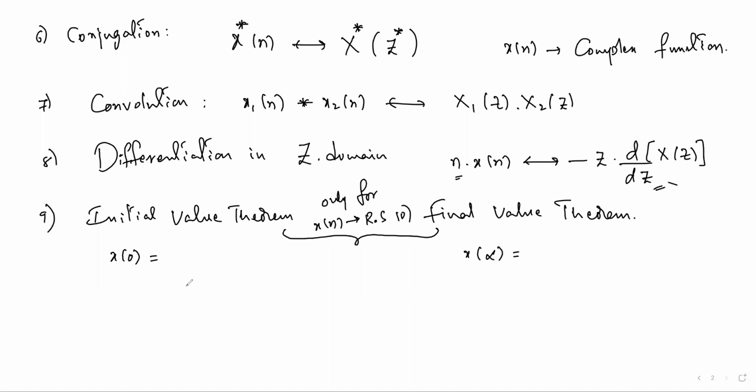So by using this formula, x of 0 is limit z tending to infinity of x of z. Whereas final value theorem, x of infinity is limit z tending to 1 of z minus 1 into x of z.